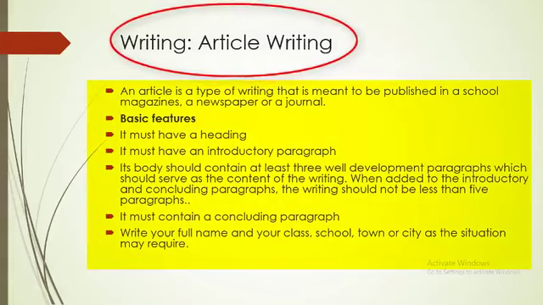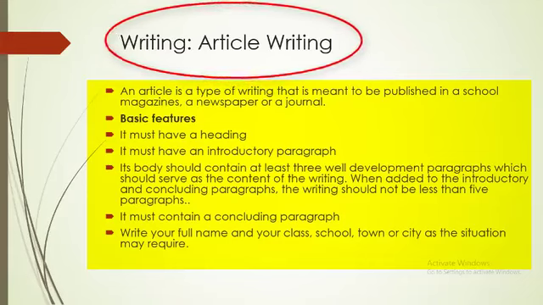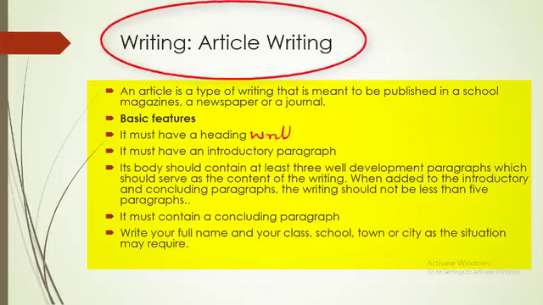Like I told you, an article is a piece of writing meant to be published in magazines, journals, newspapers, etc. What are the basic features of article writing? It must have a heading, and the heading must be written in uppercase letters.